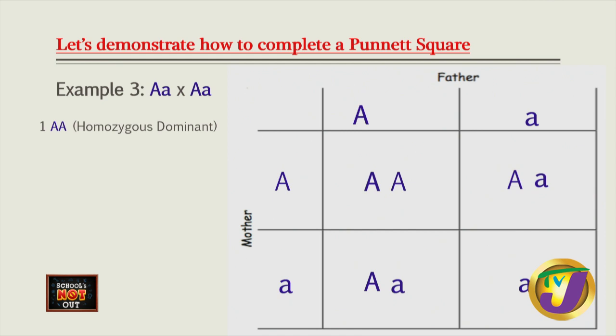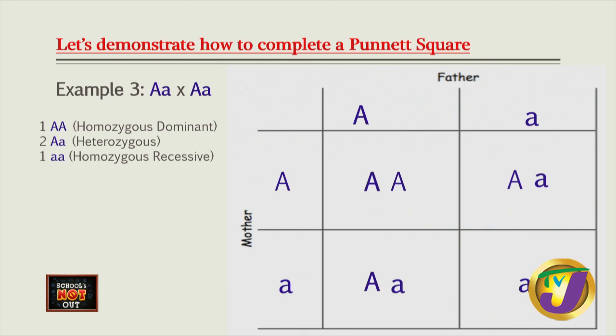We could also have an offspring that has a capital A and a lowercase a, so that would be 2 heterozygous. Or we could have an offspring that is homozygous recessive, which is 2 lowercase a's in this case.